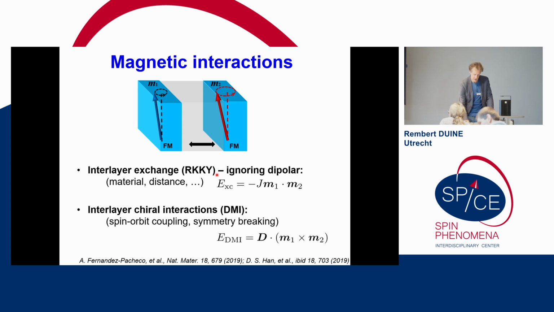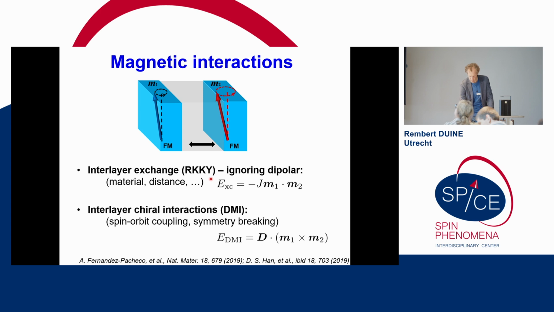And this is due to the magnetic moments spin polarizing the electrons at the Fermi sea in the non-magnetic spacer, and basically leads to a standard isotropic, in the simplest case, exchange interaction, which just favors alignment of the two magnets.